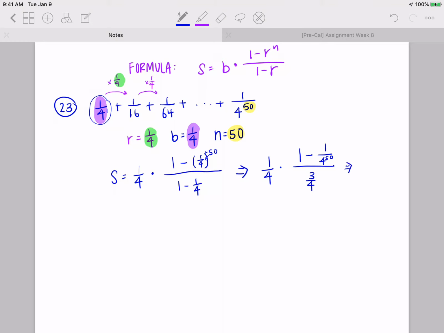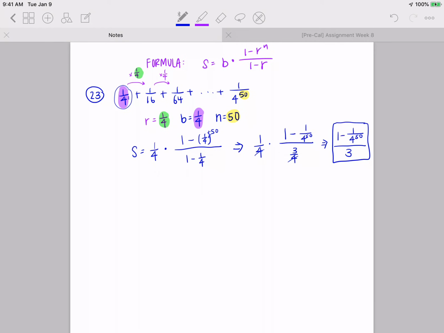So our top is still 1 minus 1/4 to the 50th power, all over 3, because the 4 and the 4 get canceled out. This is our final answer. Okay, so that is one of the questions.